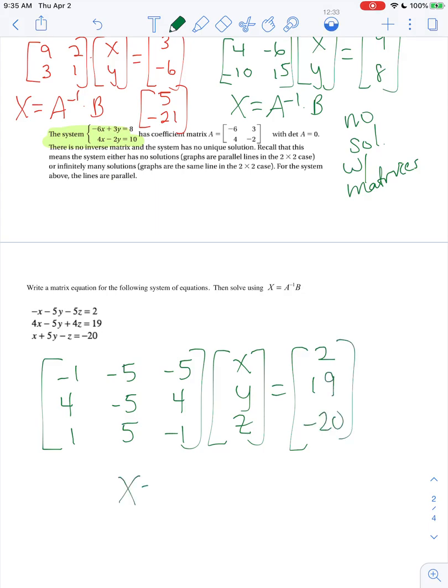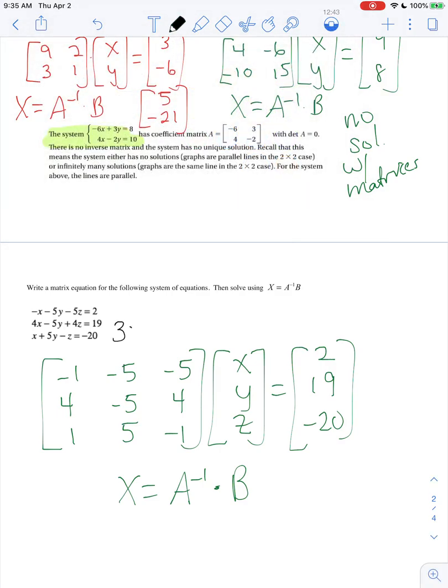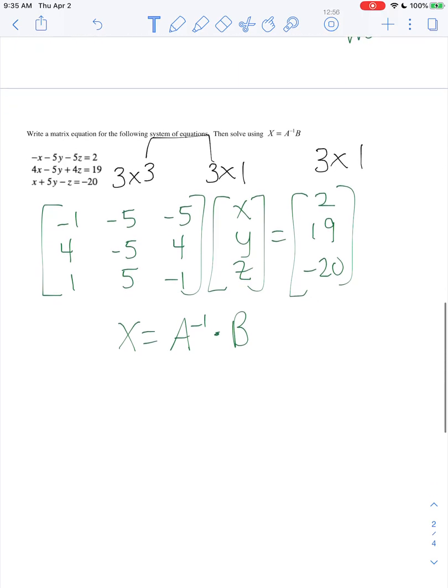And then my solution is going to be A inverse times B. And something I want to point out while you might be working, maybe you can just be listening, is this is a 3 by 3 and a 3 by 1. So these match, and notice this is a 3 by 1 answer. So this is why the dimensions work the way that they do.